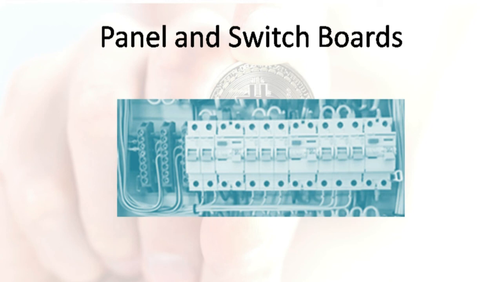So the next components are the panel boards and the switchboards. Now, a panel board is a distribution board that helps split the electrical power supply into subsidiary circuits, supplying each circuit in a common enclosure with a safe fuse or a circuit breaker. Switchboards, on the other hand, are devices that direct electricity to many smaller regions of use from one or more sources of supply.